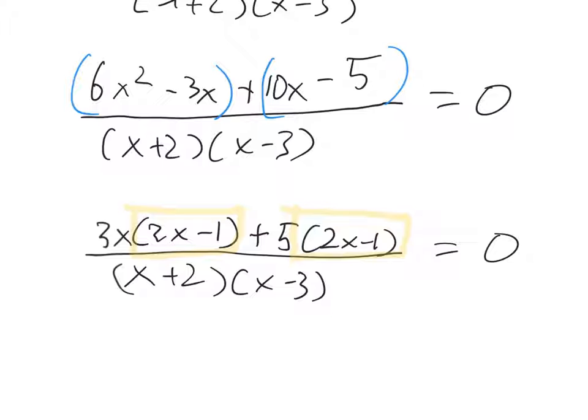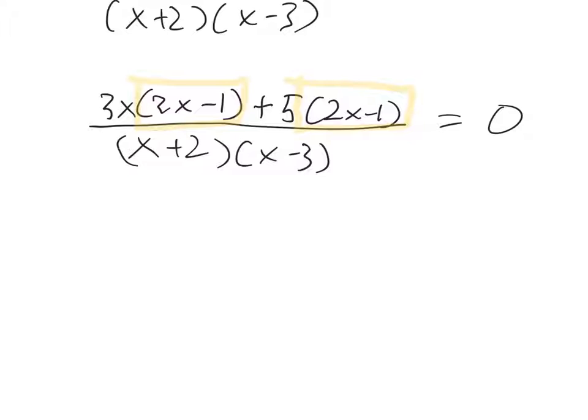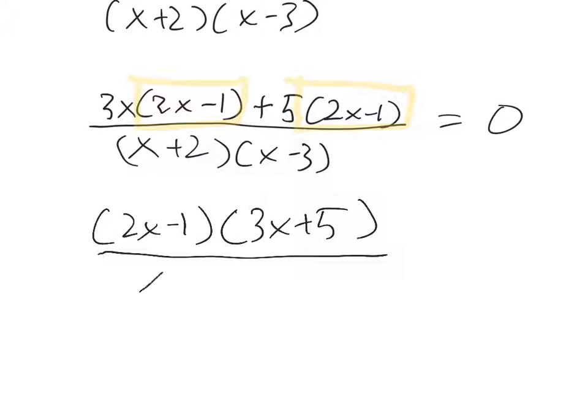So that's what we're going to do here with this next one. And that's going to get us to have 2x minus 1 times 3x plus 5 on the top. And then x plus 2, x minus 3 on the bottom.